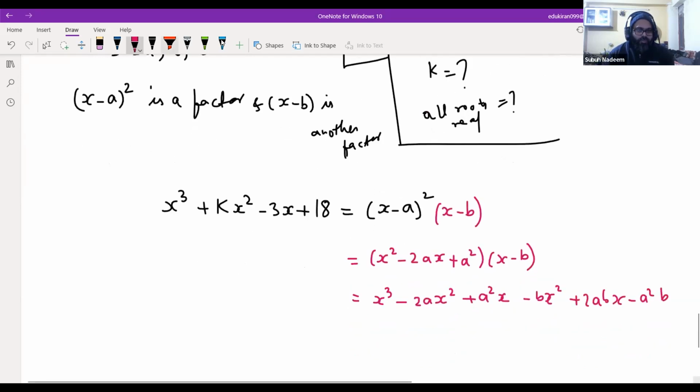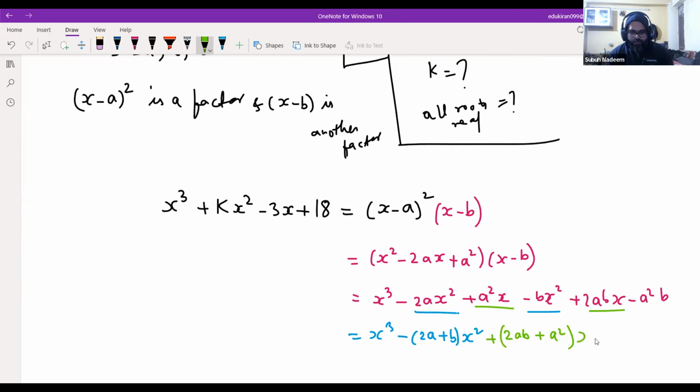So if you take x cube, and then minus 2a minus b times x square, that is minus of 2a plus b times x square, then a square x and 2abx is 2ab plus a square into x, and the last one is minus a square b.